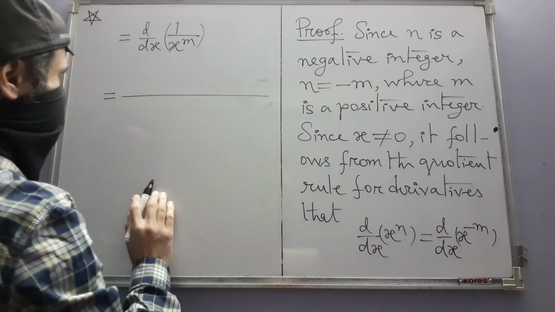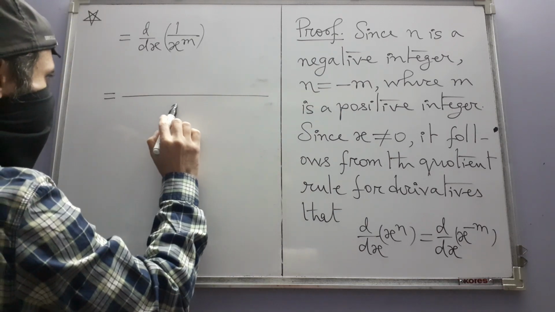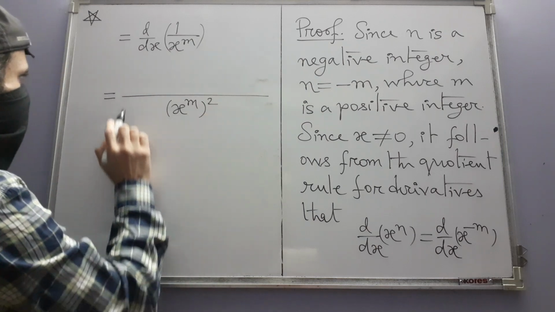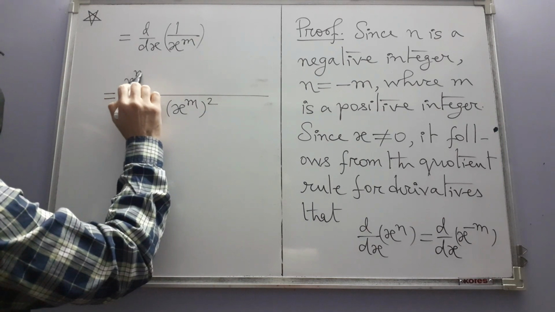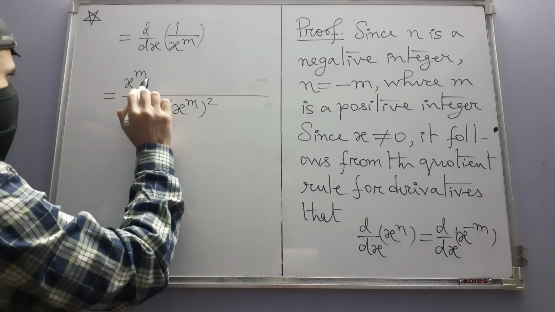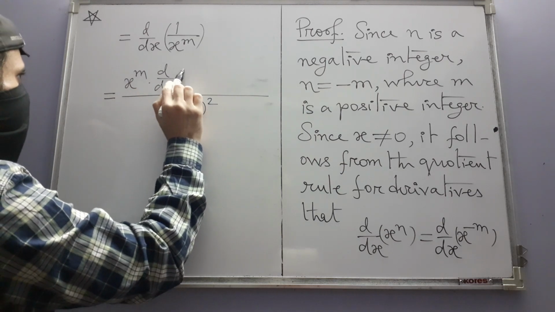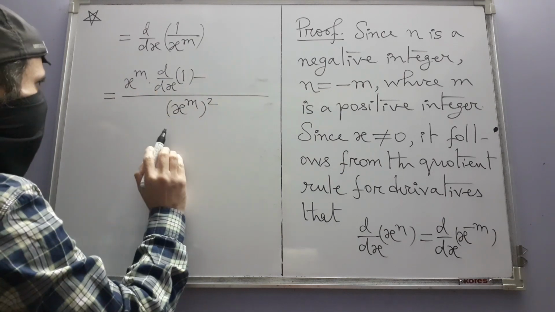So what was the quotient rule? You have to take the square of the denominator. And then in the numerator, first you keep the denominator, you don't do anything to it, and differentiate the numerator, minus.